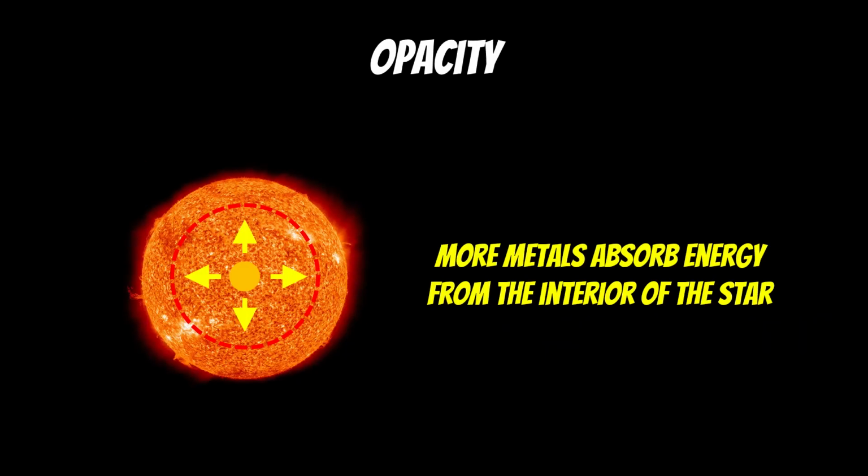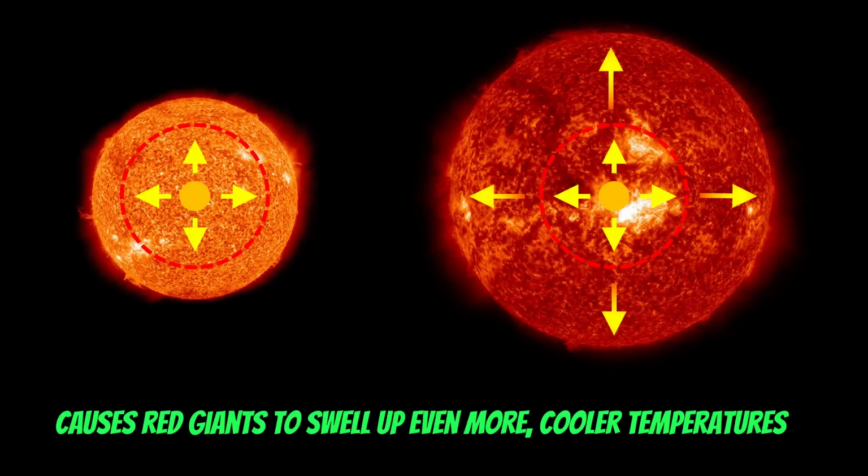And the other one is down to how opaque the star is. So the energy is generated in the core, and it then has to make its way out to the surface and then be emitted from the surface. But the more metals that you have in the star, it's going to absorb the energy on its way out. So as the energy moves from the interior to the exterior of the star, the metals absorb this energy. Now, for an equivalent red giant, that's going to make the red giant swell up more than one with less metals in, because it's absorbing that energy.